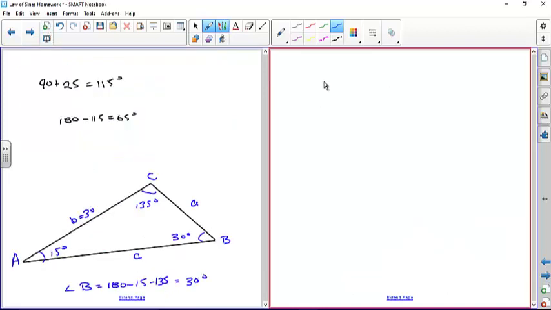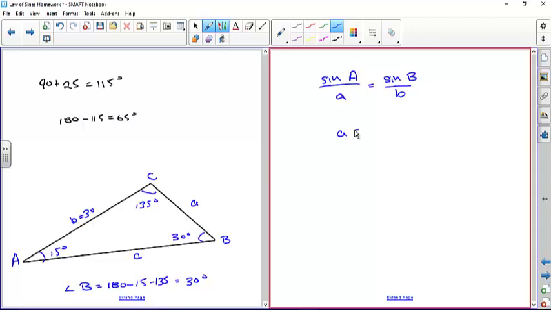So I'm going to say the sine of A over A is equal to the sine of B over B. I know everything here except length A.